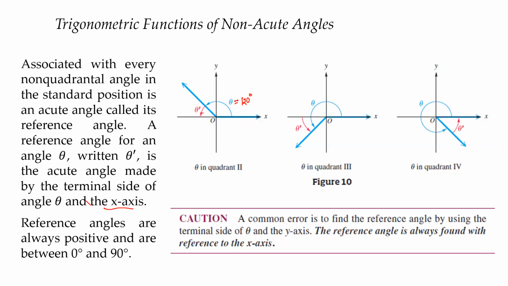Now, let's say for our second example, our theta is in quadrant 3. If you can observe, for our angle to be in quadrant 3, it must be greater than 180 but less than 270.